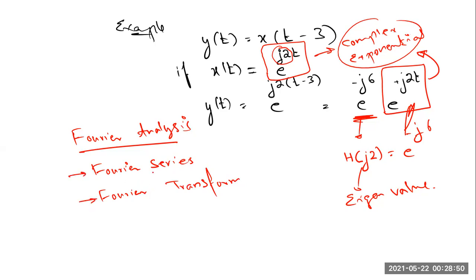So what is the difference between these two? Fourier series, which is the topic of this chapter, is used for periodic signals. Whenever you represent any signal in its Fourier series representation, it means the signal is a periodic signal. And when you use Fourier transform, usually you use it for non-periodic signals.